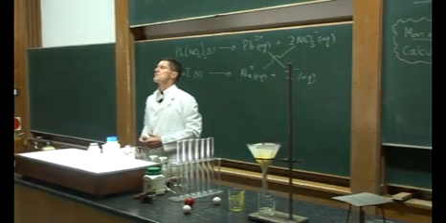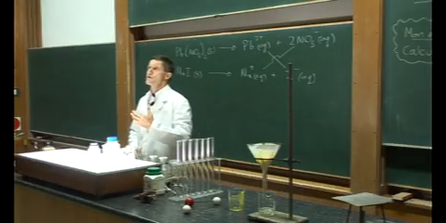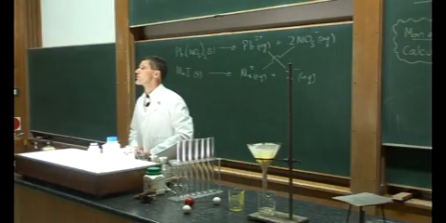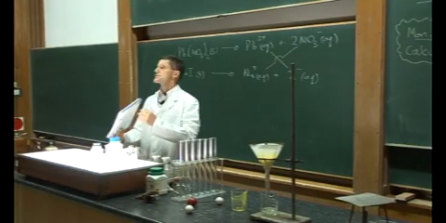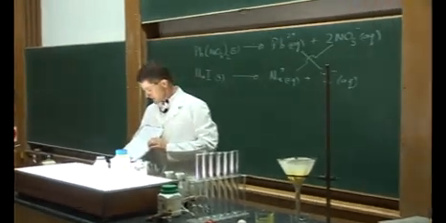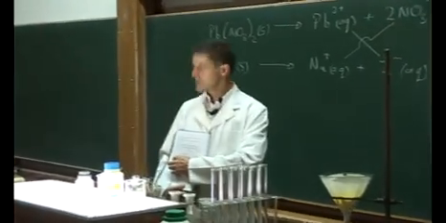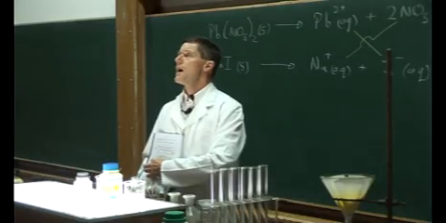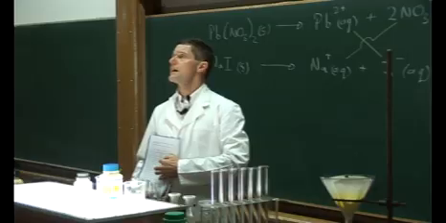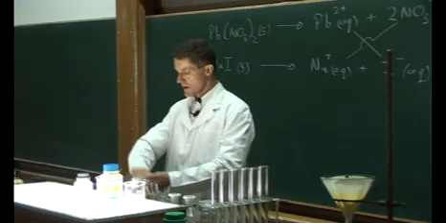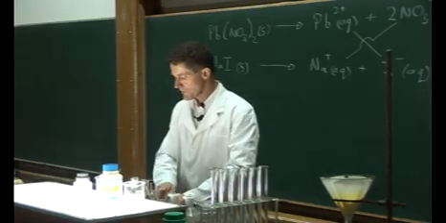It'll be a useful table to keep a note of when you're doing the tutorial this afternoon. What you will see in the solubility table is, for example, that iodides are all soluble with the exception of lead iodide. That's the reaction we've had a look at.